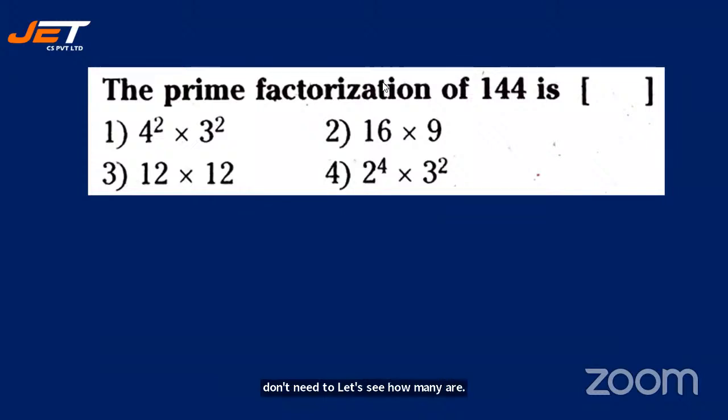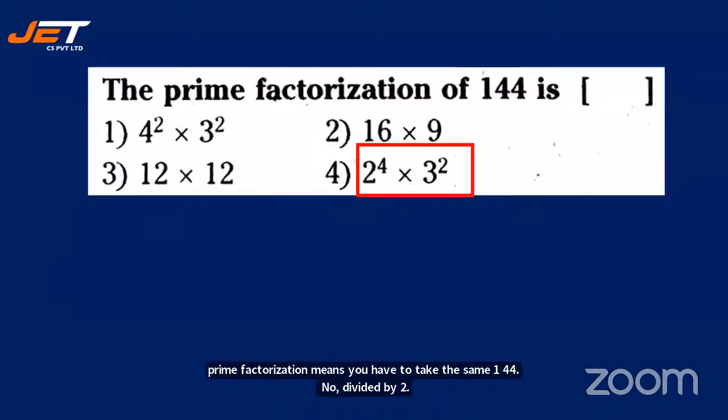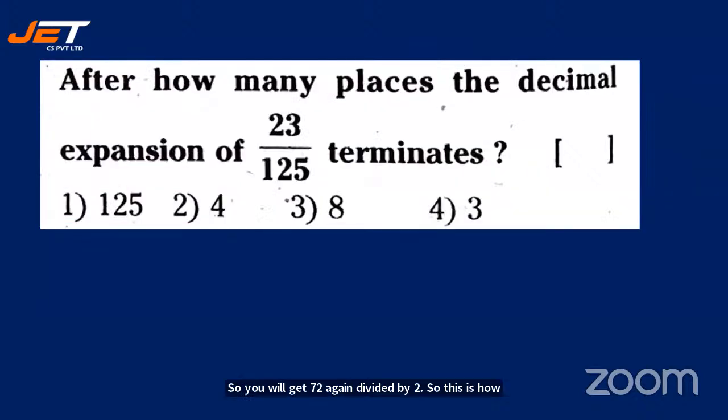Gayatri says 4. Sharat Chandra says 3. Okay, so there's a mixed set of answers coming. Let's see, it is option 4. So prime factorization means you have to take 144 divided by 2. So you will get 72. Again divided by 2. So this is how you need to do. Understood? Yes. See the next question.